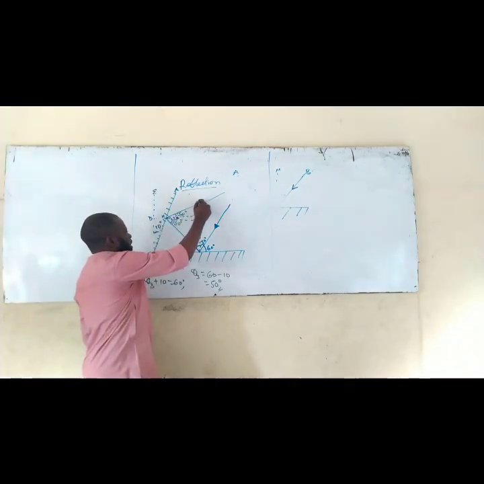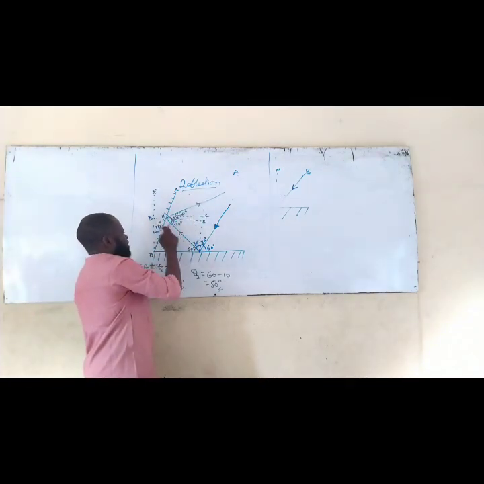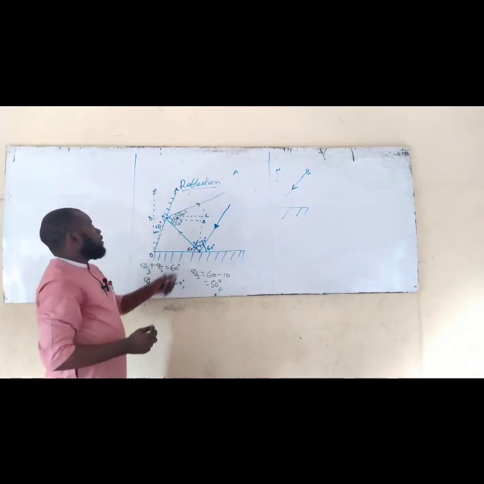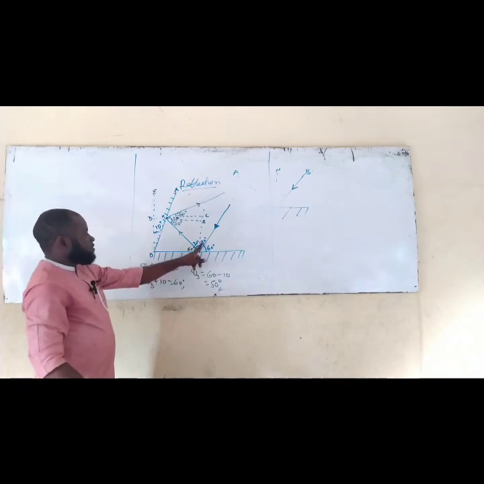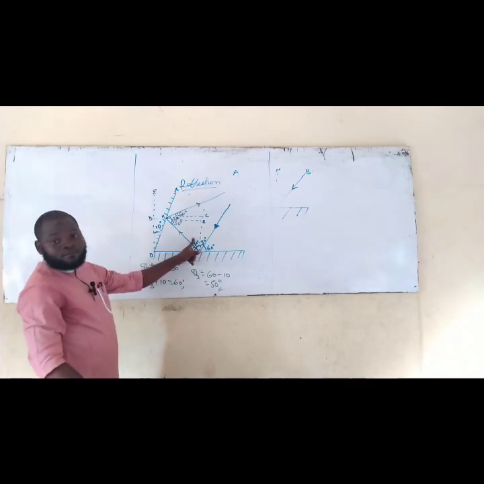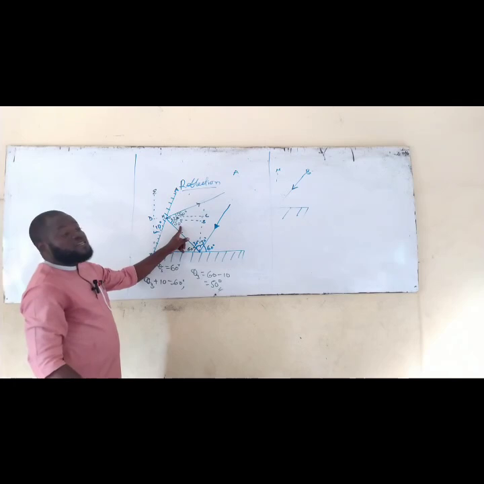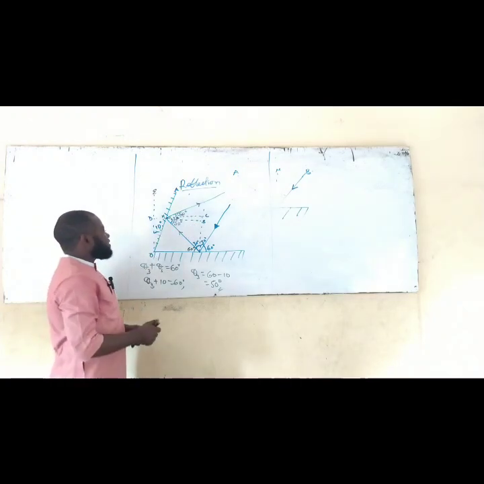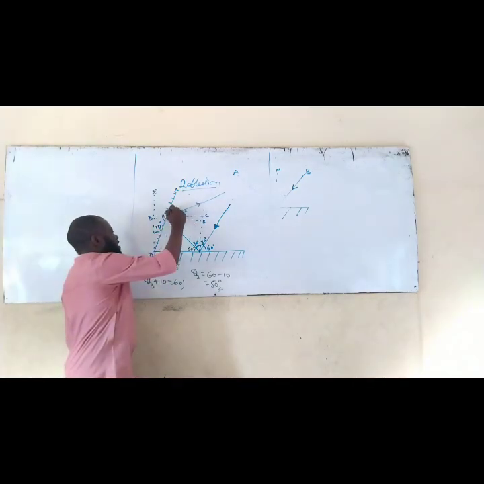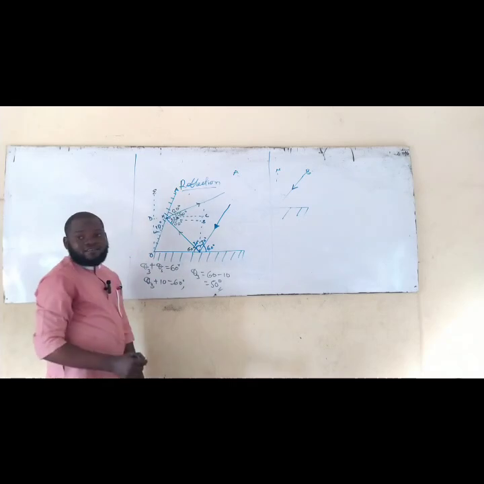So we have this to be our exit ray. This is what? An incident ray. So the question now is, what is the angle between them? So let's add. 30 plus 30 is 60, plus 50, plus 50, 160. So 160, that means this angle here is going to be 20 degrees.